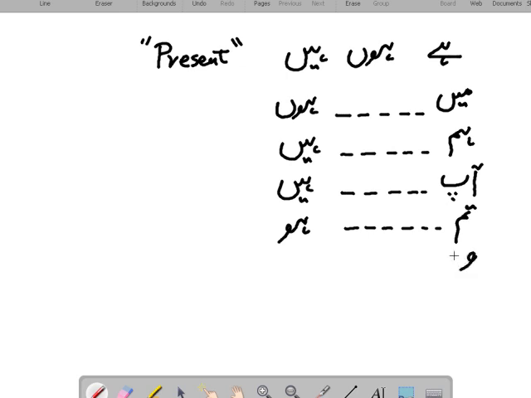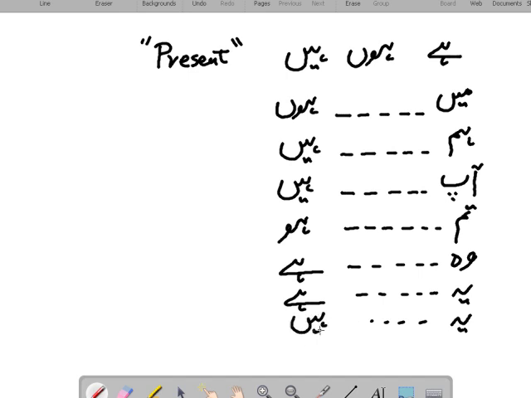Then वो, he or she. वो है, she is, he is, it is, ये है. These are, ये हैं. Those are or they are, वो हैं.